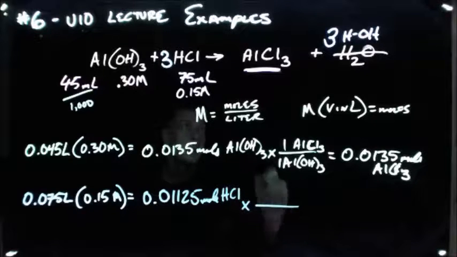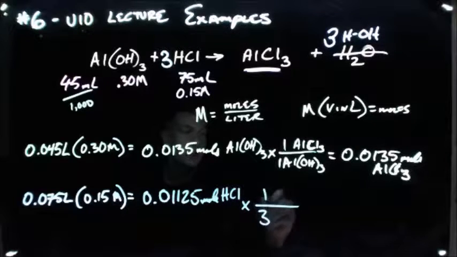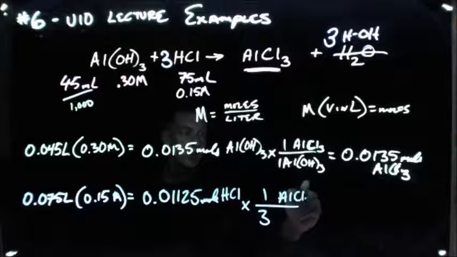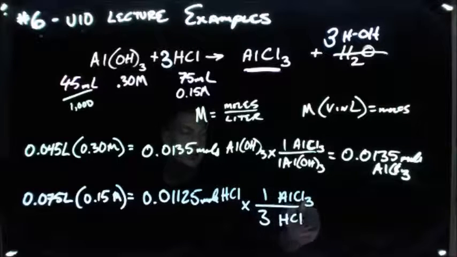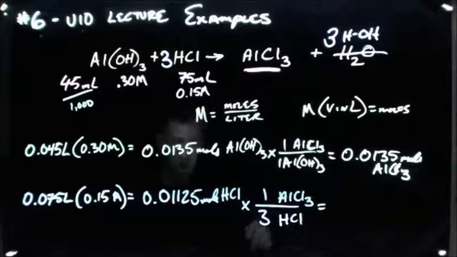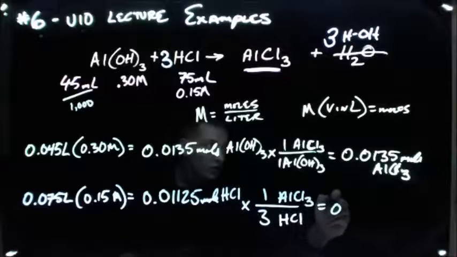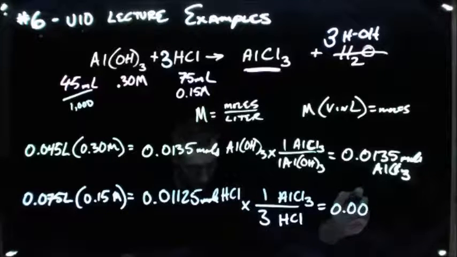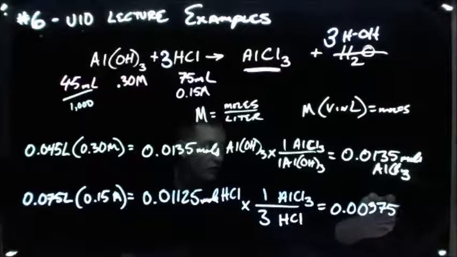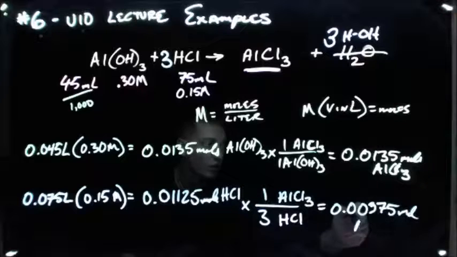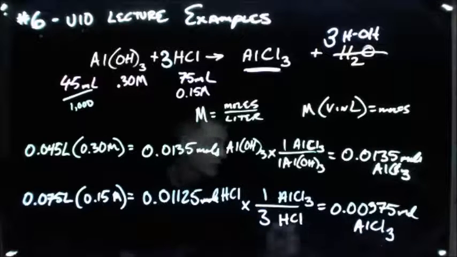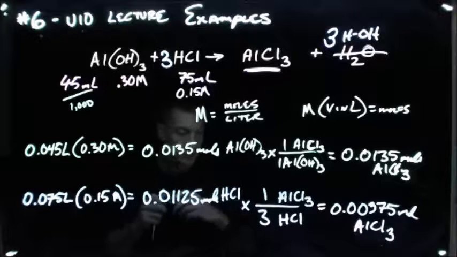Then we're going to multiply that by, it's a 1-to-3 ratio between aluminum chloride and hydrochloric acid, and that means we're going to get 0.00375 moles of aluminum chloride.